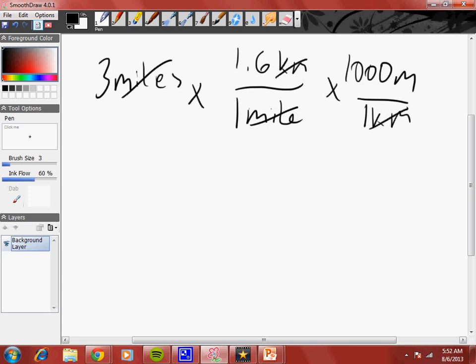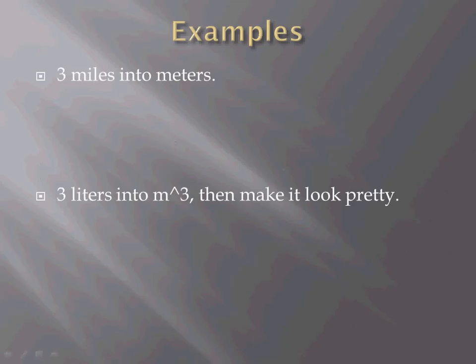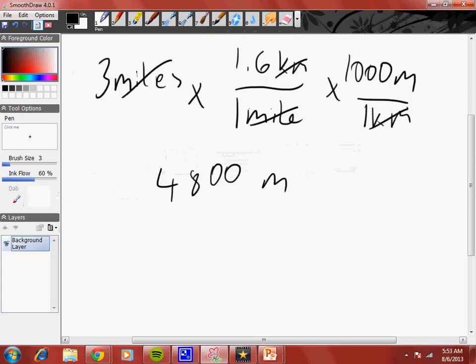And then I also know that 1 kilometer is equivalent to 1,000 meters, which, when you do the canceling out method that I just showed, you get rid of the kilometers and the miles, and you're left with meters. 3 times 1.6 is 4.8. 4.8 times 1,000 is 4,800 meters.